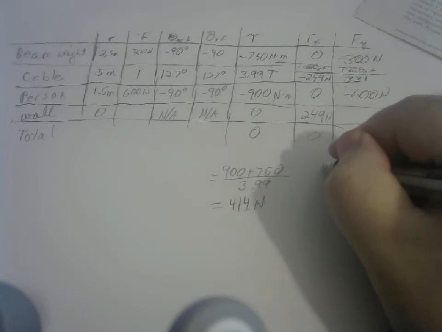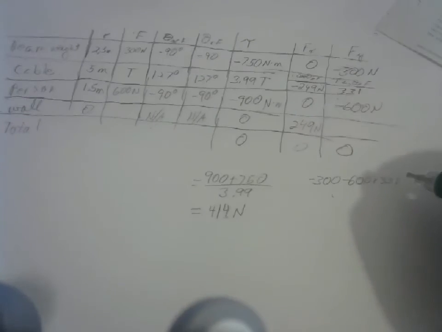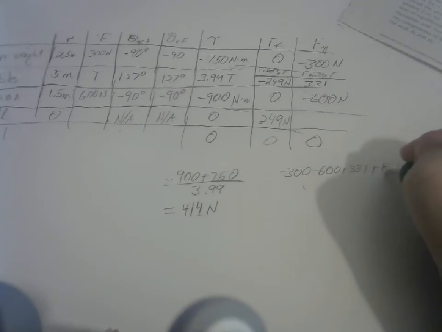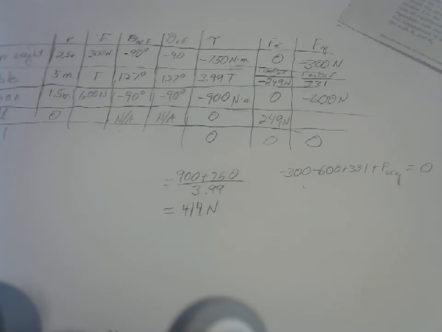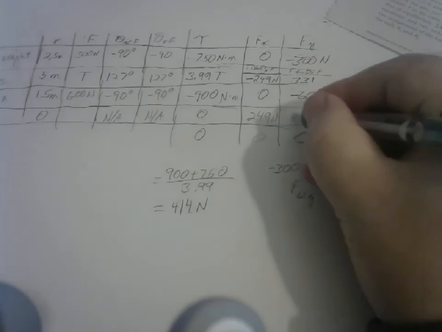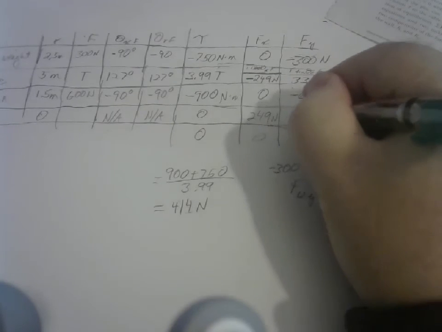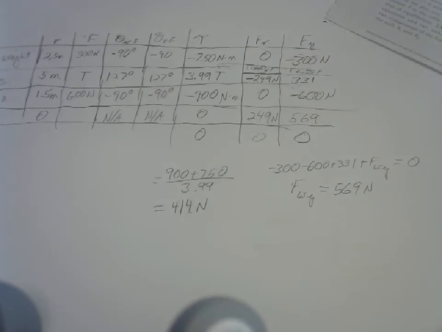So negative 300 minus 600 plus 331 plus the force of the wall in the y direction equals 0. So from that, the force of the wall is 569 newtons. And so the wall is pushing up with 569 newtons. So it's pushing to the right and up.